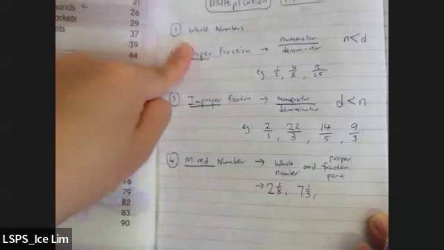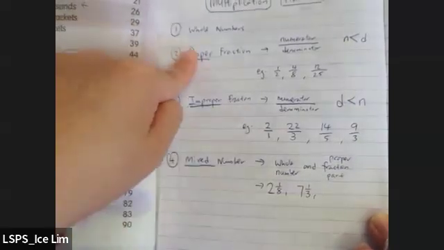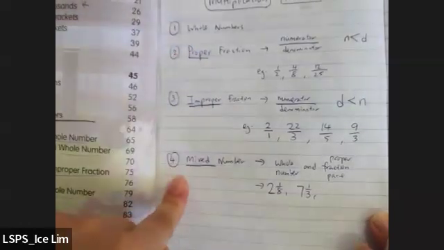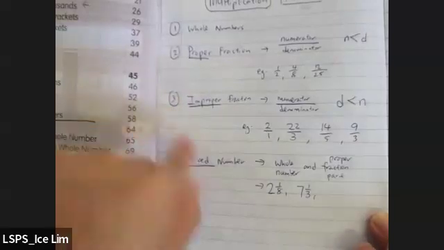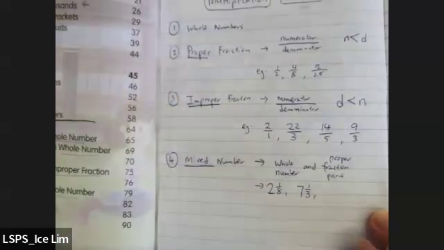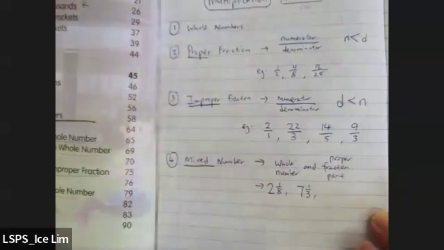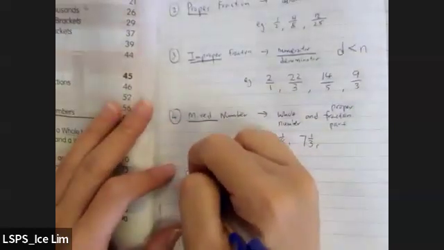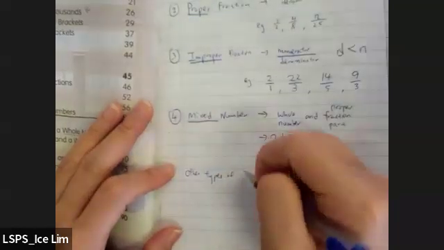I can do proper fraction times proper fraction, proper fraction times improper fraction, proper fraction times mixed number, improper fraction times mixed number, improper fraction times improper fraction. Can you understand what I'm saying? As straightforward as it is, these are all the things that can happen for multiplication of fractions. Now, just like I said, there are other types of fractions that you will hear of.